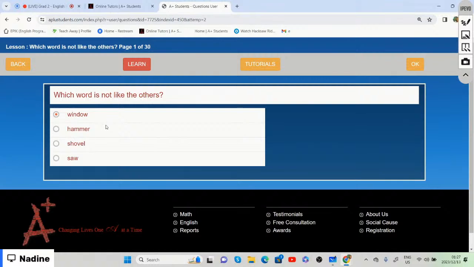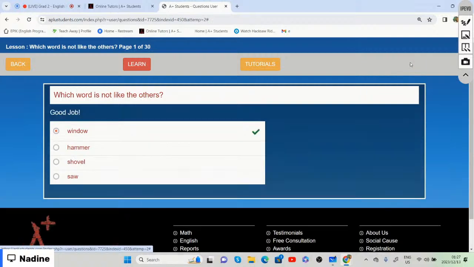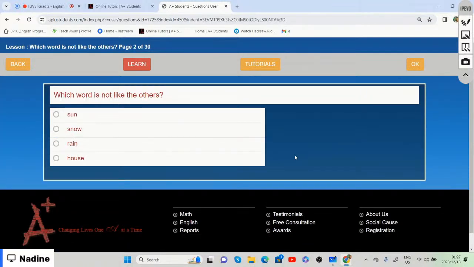Because a hammer, shovel, saw, those are all items that you use in order to do maintenance, fixing. So a window is not like the others.